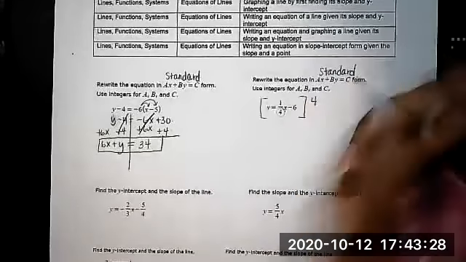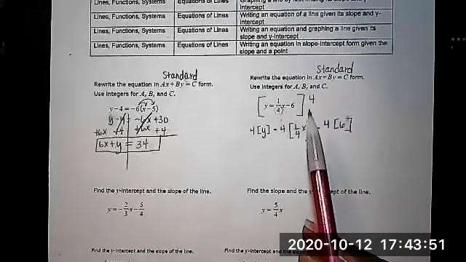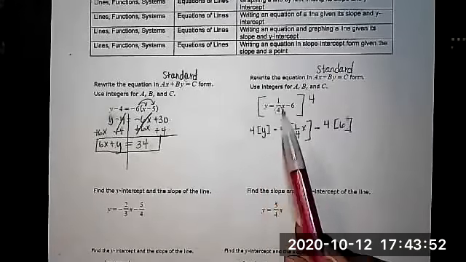So this becomes 4 times y equals 4 times 1/4 x minus 4 times 6. So basically, I multiplied every single thing by 4. So 4 times y, 4 times 1/4 x, and 4 times negative 6.